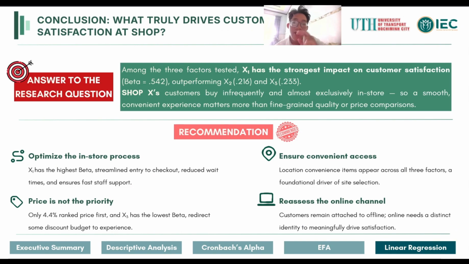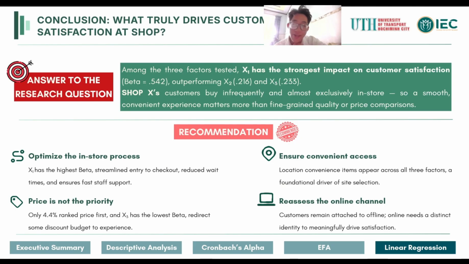So we need to make a smooth and convenient experience when the customer goes to the shop, rather than focusing on quality or price comparisons. Based on that, we have answered the question we listed at first. We need to focus on the shopping experience and also location.